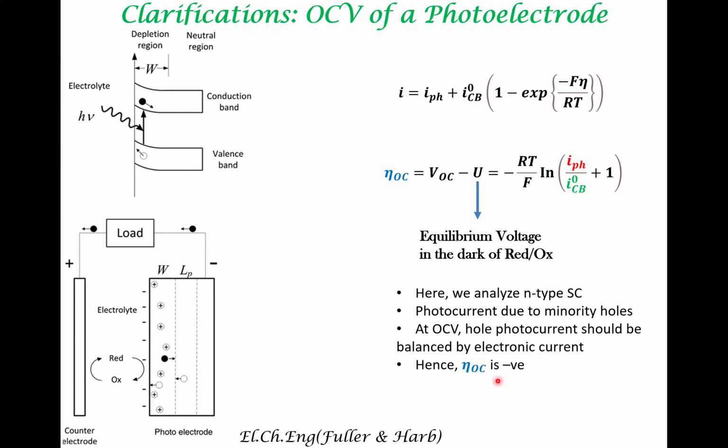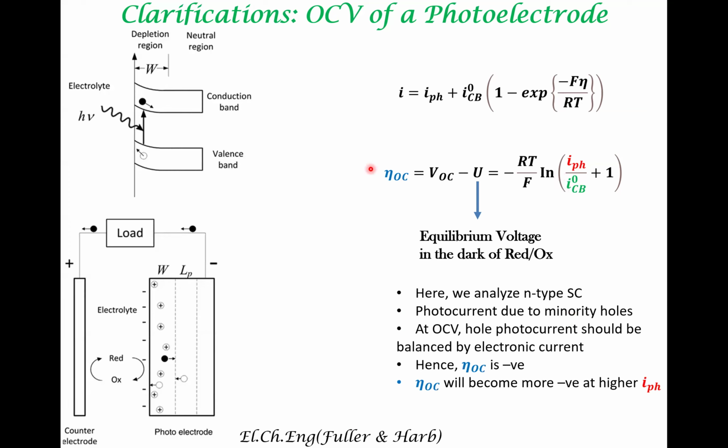potential eta OCV is negative. In fact, you can make it make more sense. When you increase the photocurrent, you have to increase this component to balance the photocurrent, right? So how can you increase the photocurrent? One simple way is to increase the light intensity. If you increase the light intensity, the photocurrent increases.